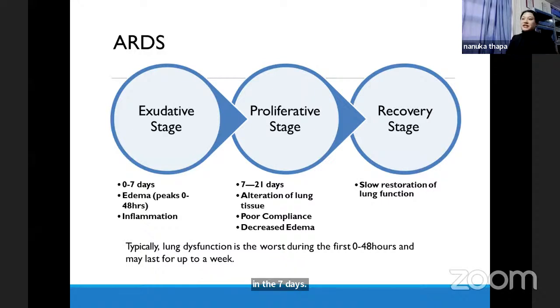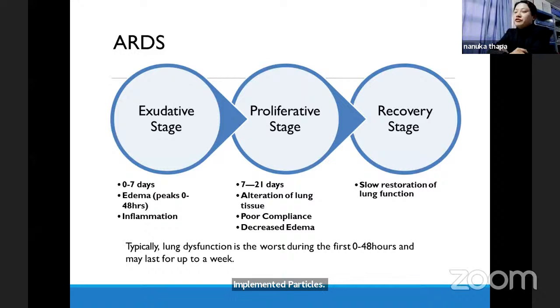In this, there is activation of the innate immunity, where there's damage to the epithelial and endothelial membrane of the alveolar capillary membrane, leading to increased permeability of the membrane, and then there's accumulation of protein-rich edema fluid. In this, there's widespread inflammation due to release of many inflammatory particles.